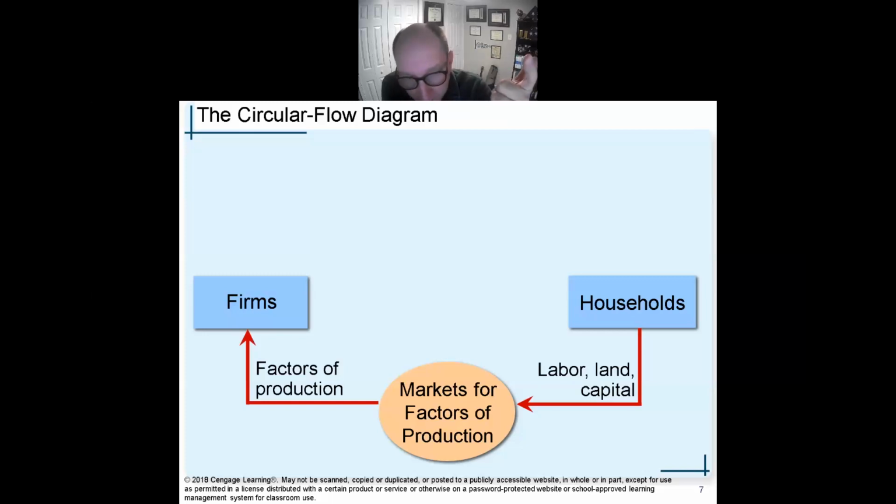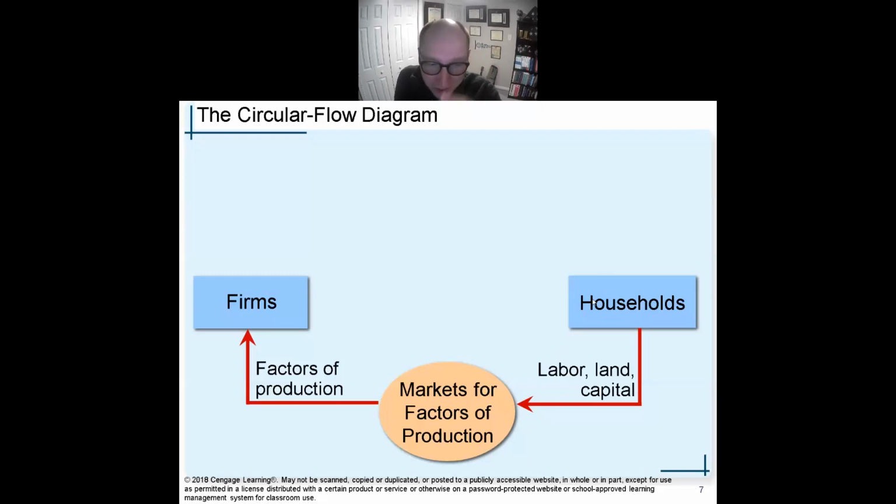The land: the people who live in the houses also own the companies, and they're bringing property, plant, and equipment, the capital. Some money. All those things go into the company. The company produces the goods and the services. So what goes into the company is the labor, land, and capital, from the households, because remember, the households provide the labor and they also own the companies.